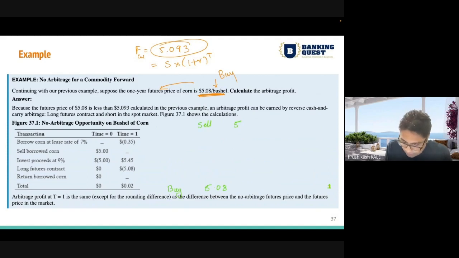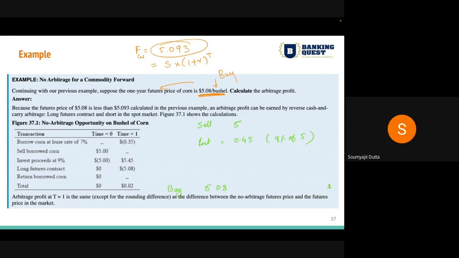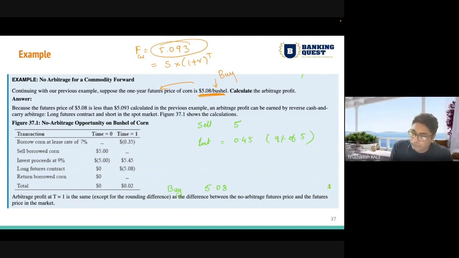The interest you will get is 0.45, that is 9% of 5. Am I right? The lease payment at 7%, which you were supposed to get, you will not get now. So the lease was 0.35, that is 7% of 5. Why will you not get the lease? Because you have already sold.